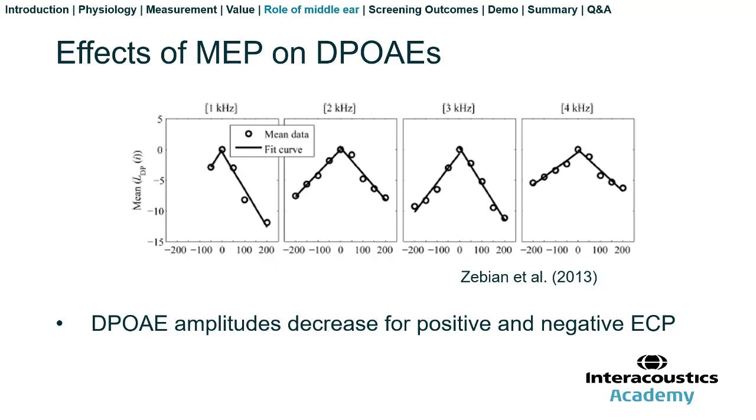This data showed a larger effect at 2 kilohertz relative to the Sun studies, but it did have a similar effect as Sun found by applying positive and negative ear canal pressure, in the sense that the larger effect was shown for the application of positive ear canal pressure.